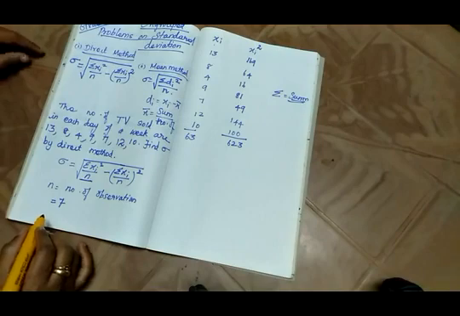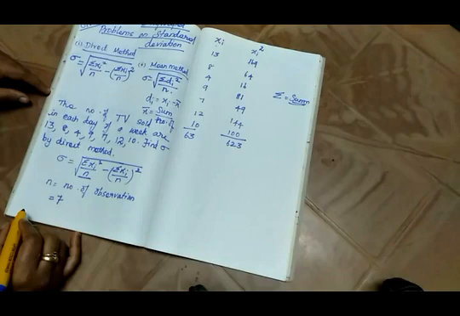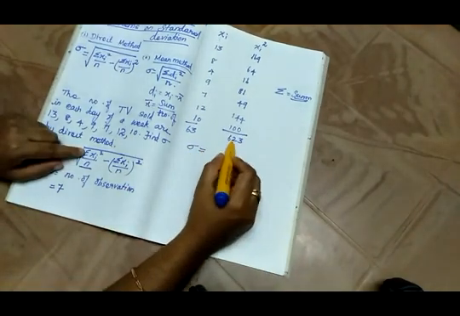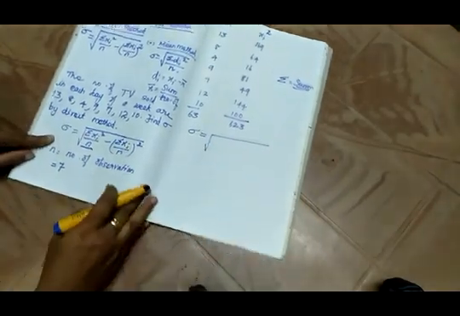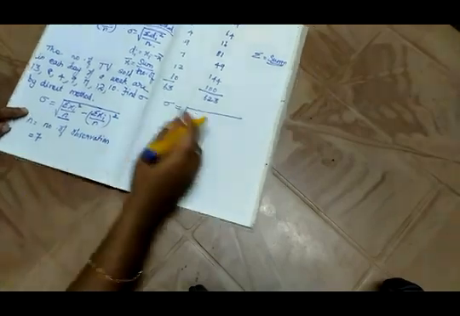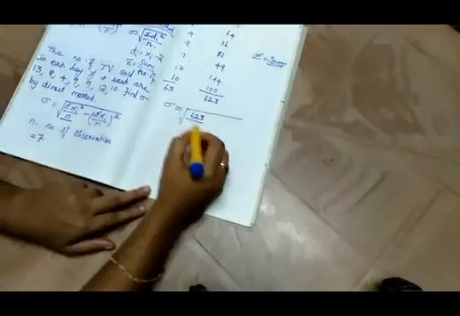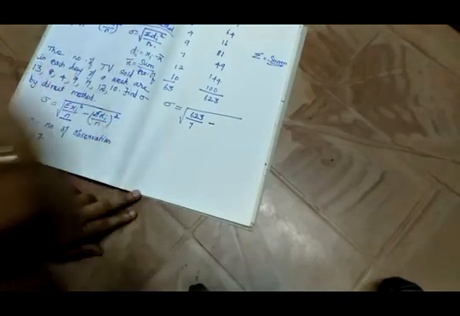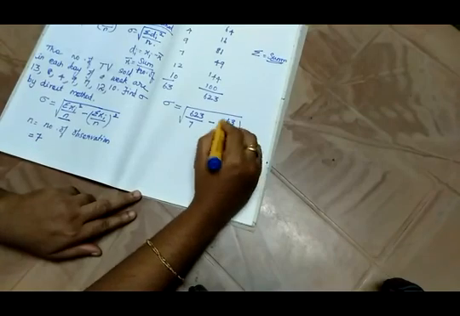Now substitute it. Now you might get the idea of what xi square means. Substitute it in the formula. Sigma is equal to the square root of summation xi square, which is 623, divided by small n, 7, minus the square of summation xi by n, that is 63 divided by 7.